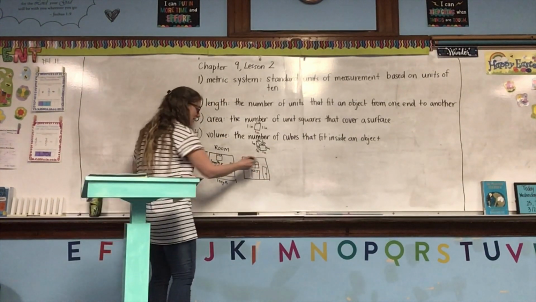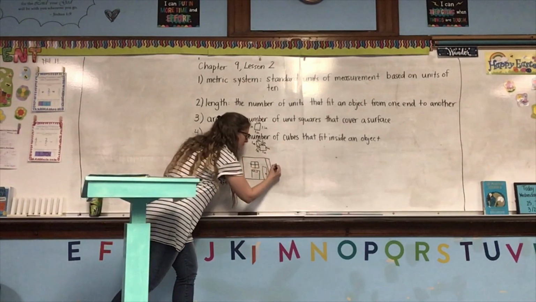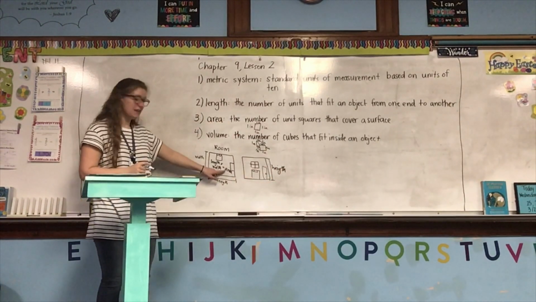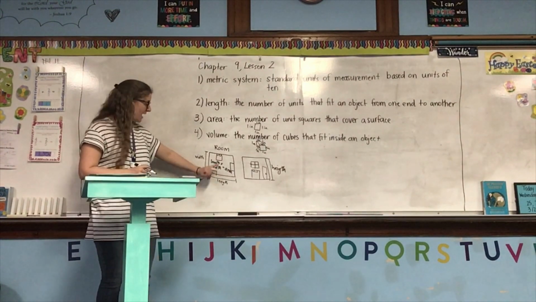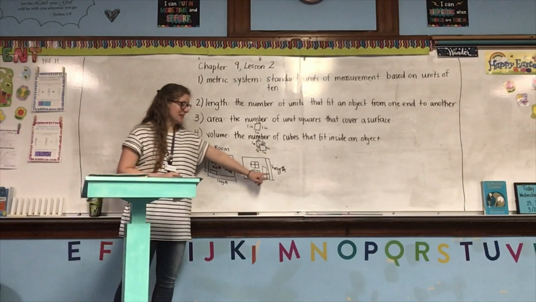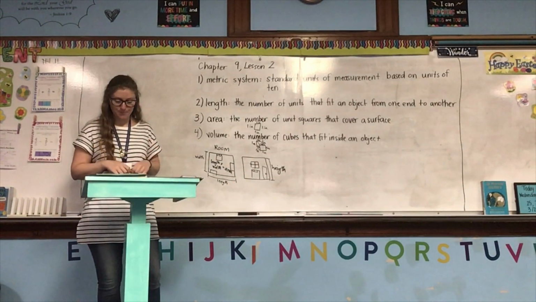The height is from the floor to the ceiling. So you would take the length and multiply it by the width to get the area. Then, to get the volume, you would take the length, multiply it by the width, and then multiply it by the height to get the volume.